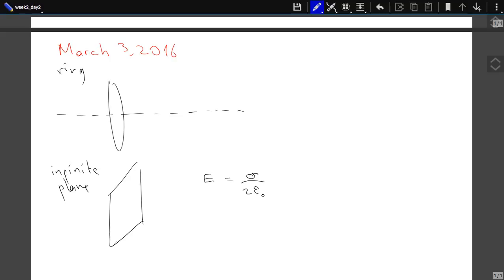Now, one point is somewhere over here. This was our picture, plus 2q, minus q. One point is somewhere like this. The other one is somewhere over here.